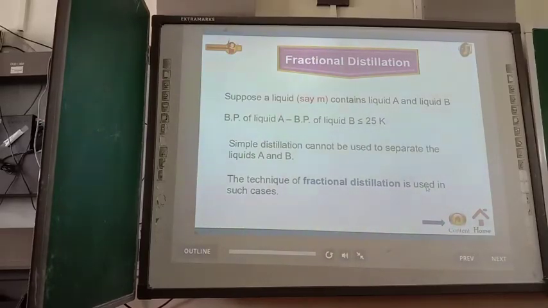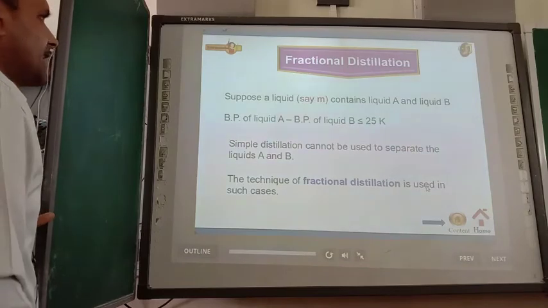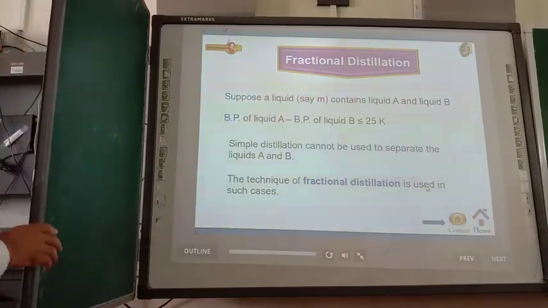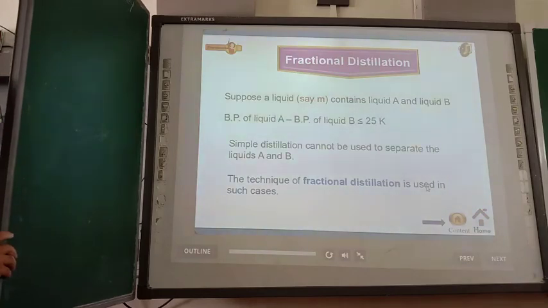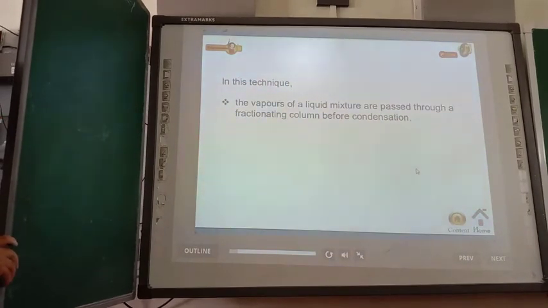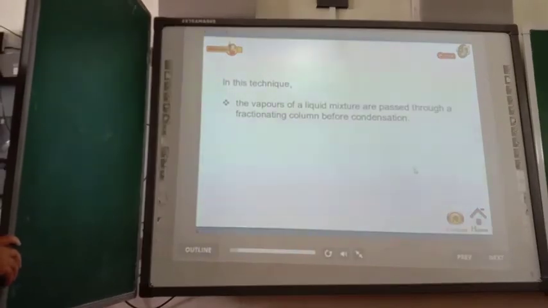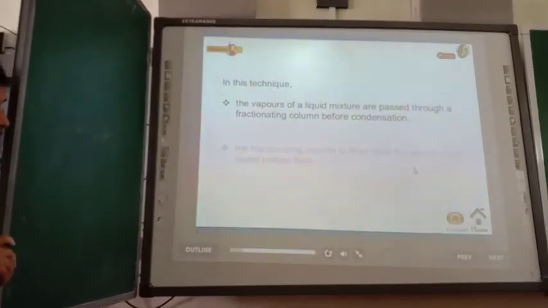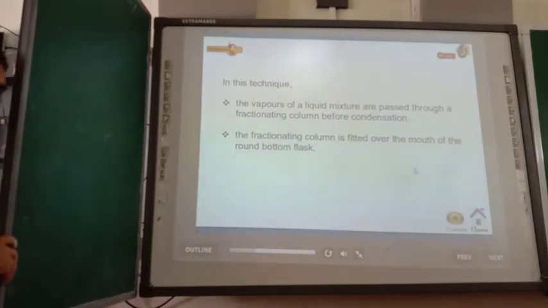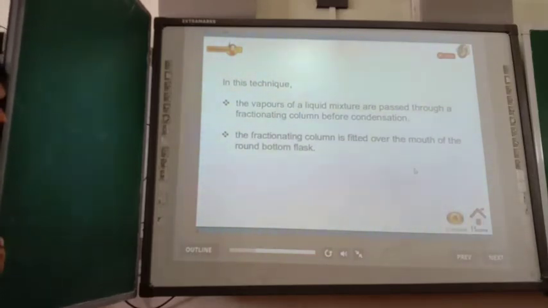So dear cadets, now let us see fractional distillation with the help of extra marks. In this technique, the vapors of a liquid mixture are passed through a fractionating column. The fractionating column is fitted over the mouth of the round bottom flask.